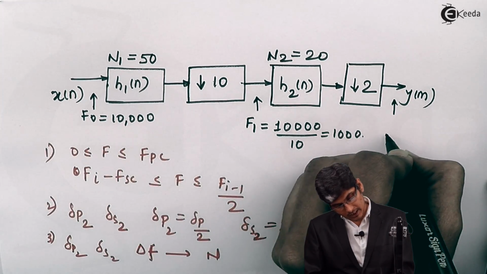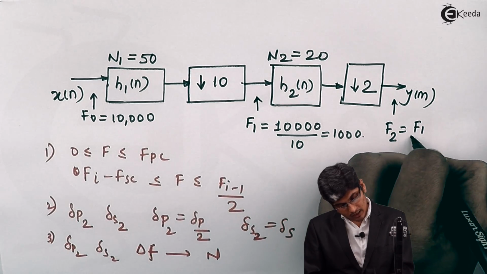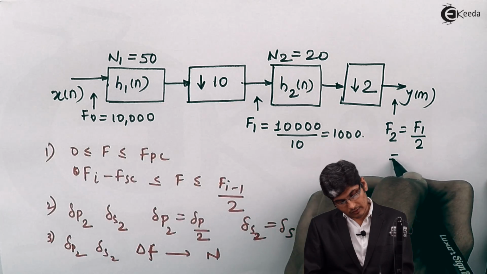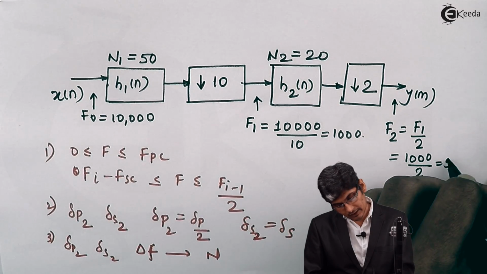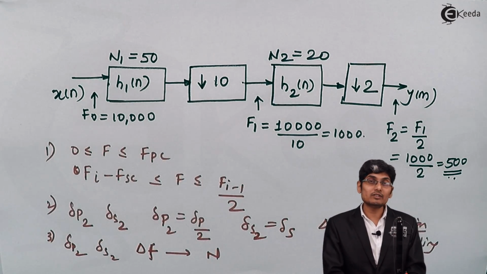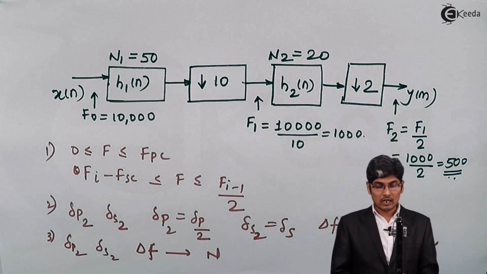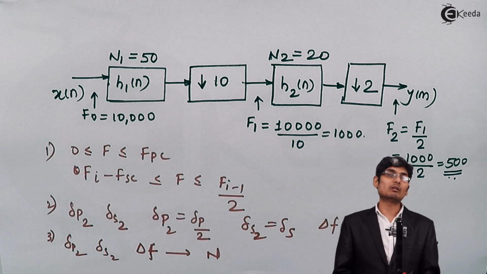And this will be my F2, which is F1 upon 2, which is 1000 by 2, which is 500. So this is how we normally design multi-stage sampling rate converters. Thank you.